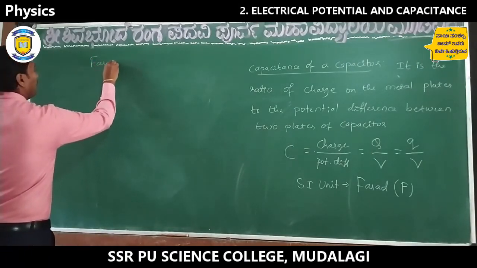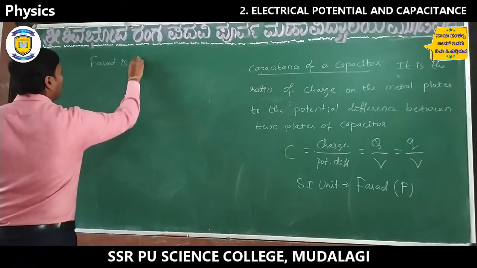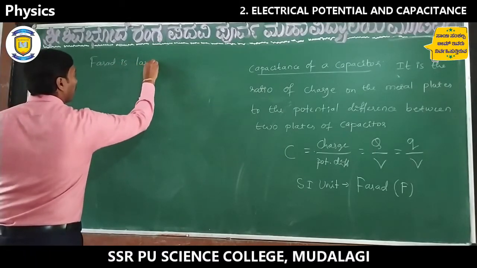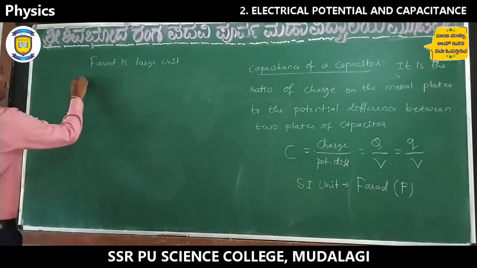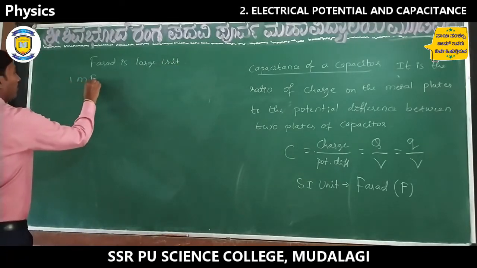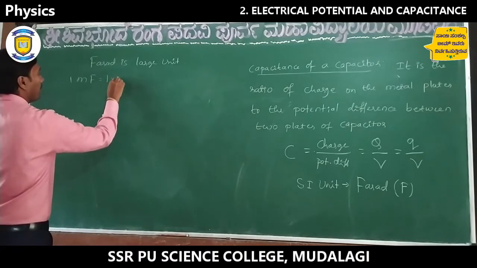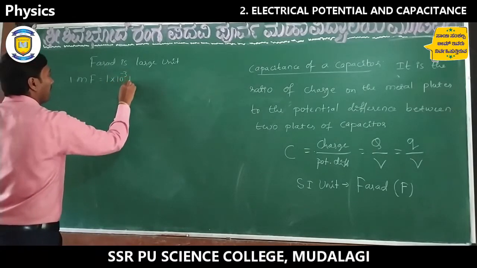Farad is a large unit. So what do we do? 1 millifarad means 1 into 10⁻³ farad.